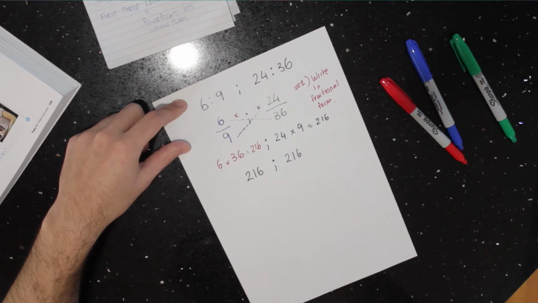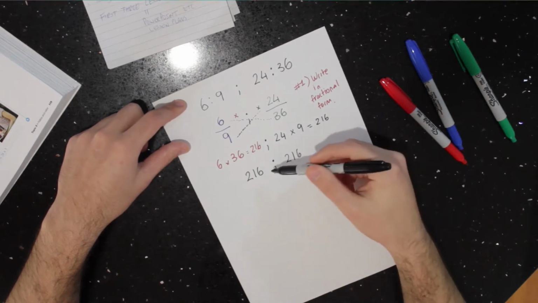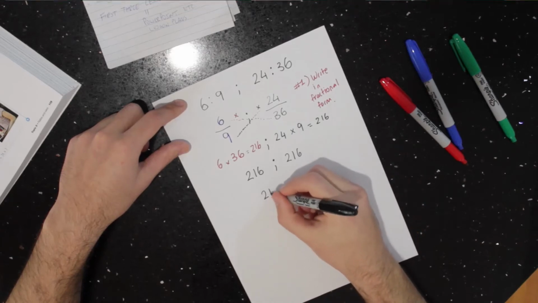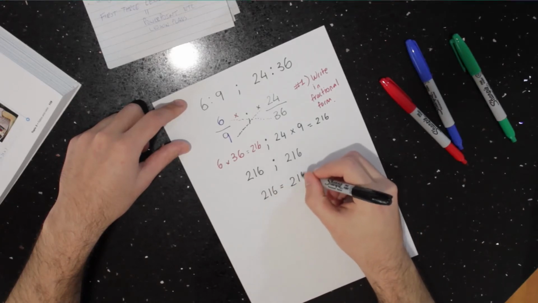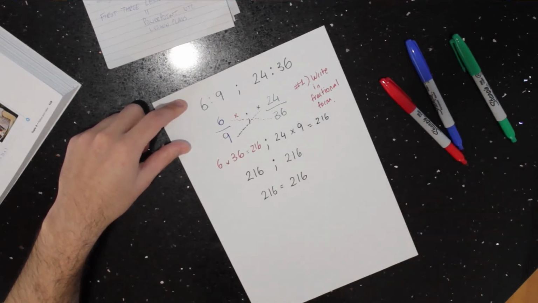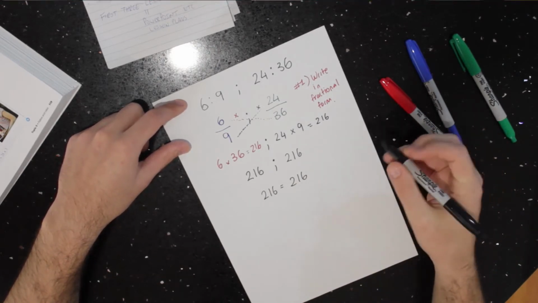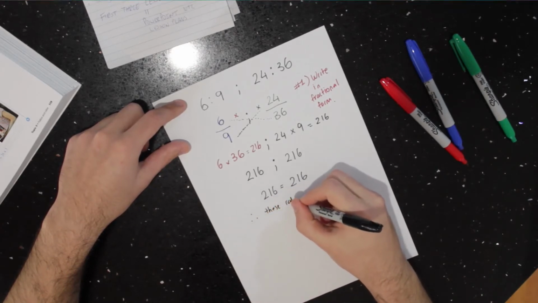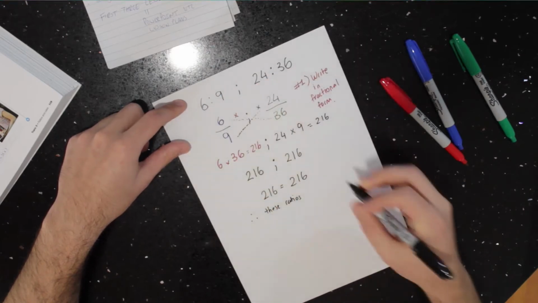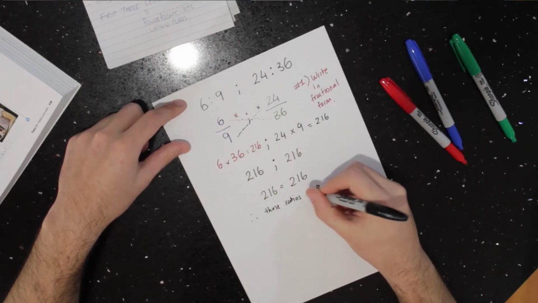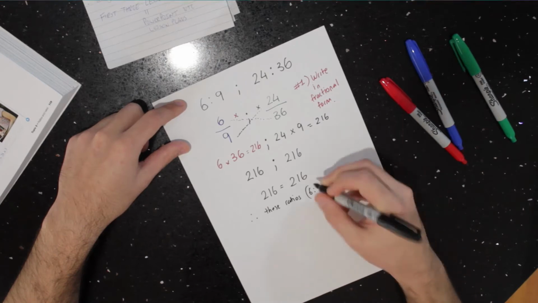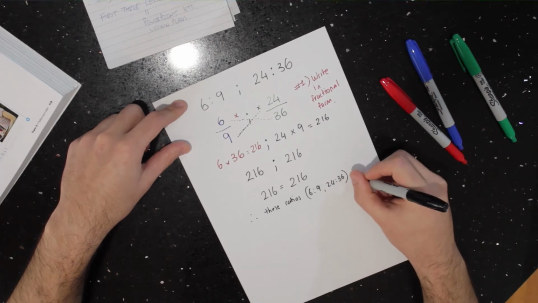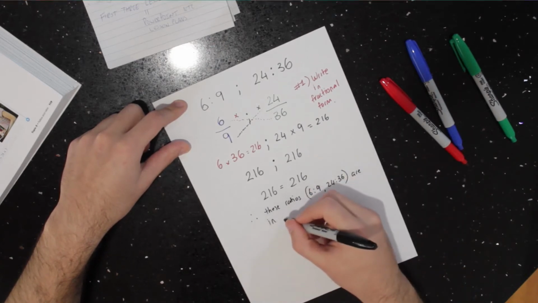We're checking for equivalence, so we have 216 equals 216. That means that these ratios, all the way at the top here, 6 to 9 and 24 to 36, are in proportion.